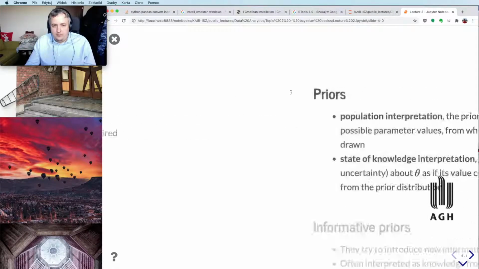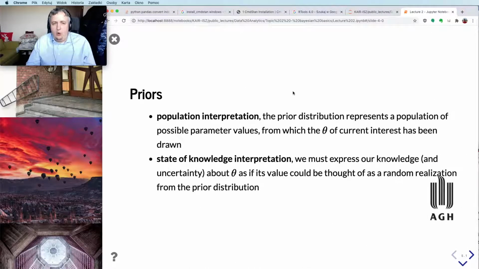Okay, so let's go to priors. Generally, priors can have two interpretations. Because the main problem, again, with Bayesian statistics is the philosophy.